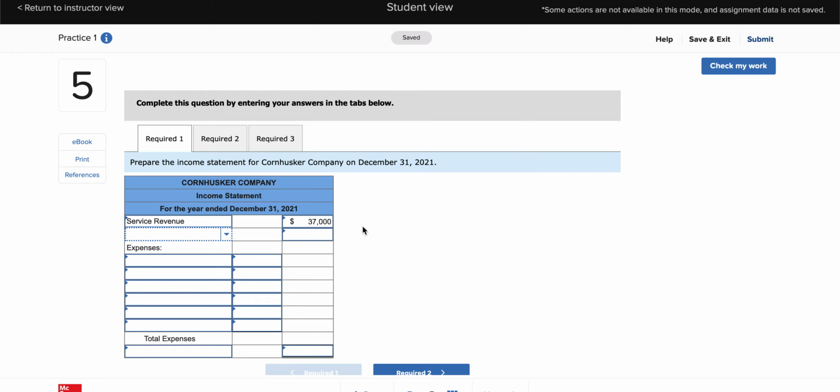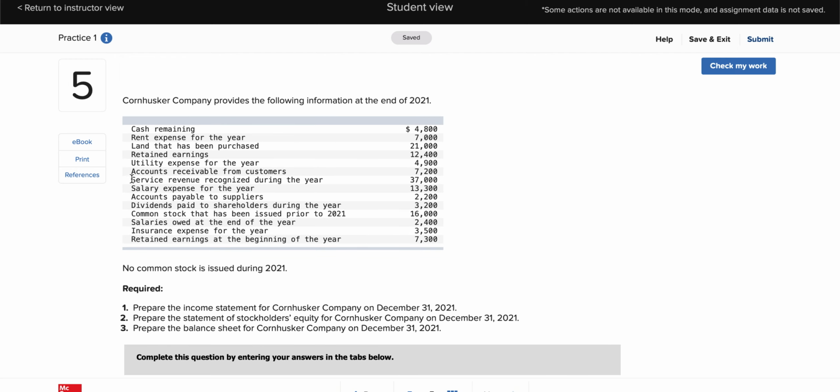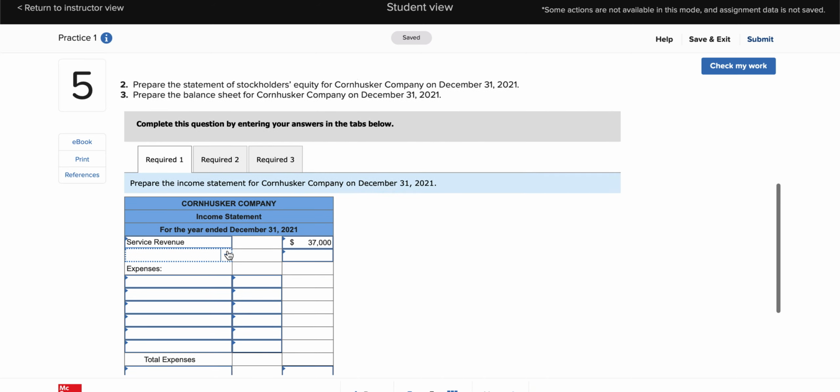And I am going to scroll up just to show you where it is. Oops. It keeps trying to give me more information than I want. So here we go. Service revenue recognized during the year of $37,000. Let me make sure there are no other revenue items here. Since I had so much trouble finding that one, I figured there wouldn't be.